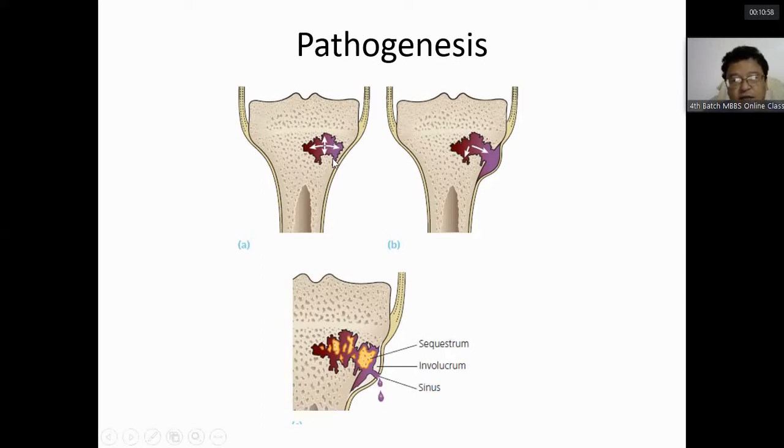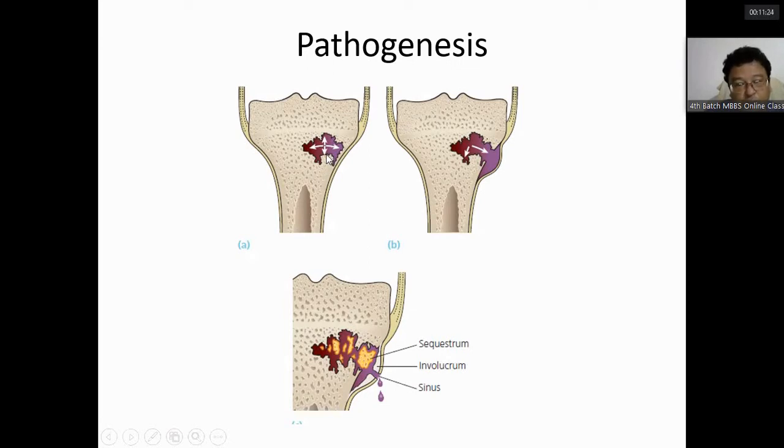Once it colonizes in the metaphysis, there's an inflammatory reaction, and when there's an inflammatory reaction, exudates form. There's cell debris, and ultimately pus forms. So here the pus forms in the metaphyseal area, and once the pus forms, the patient gets pain.